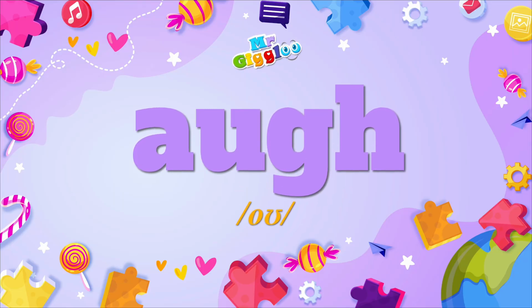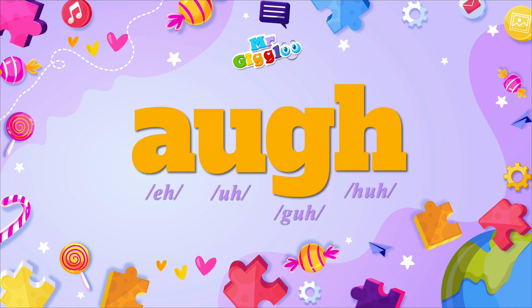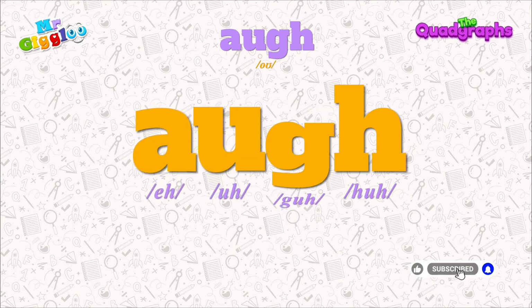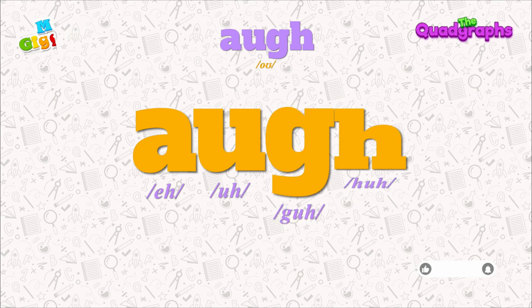Next quadgraph is A, U, G, H. The letter A makes the sound a, U makes the sound u, G makes the sound g, H sounds h.